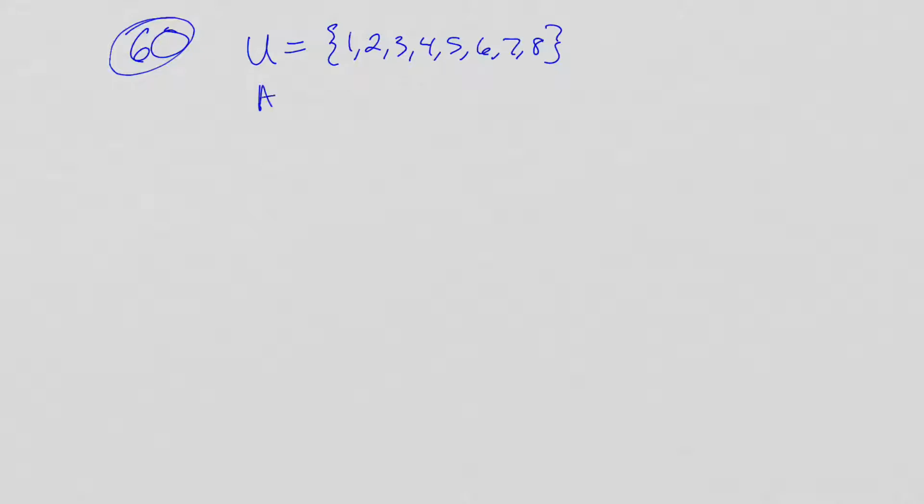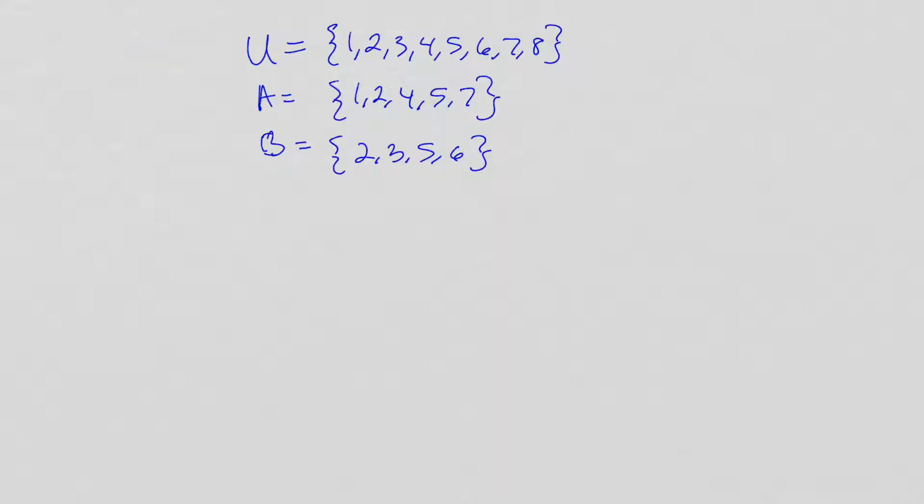Then we have A, which is 1, 2, 4, 5, 7. B is 2, 3, 5, and 6. So the question for 60 and 62 that we're going to do, so let me erase this part.